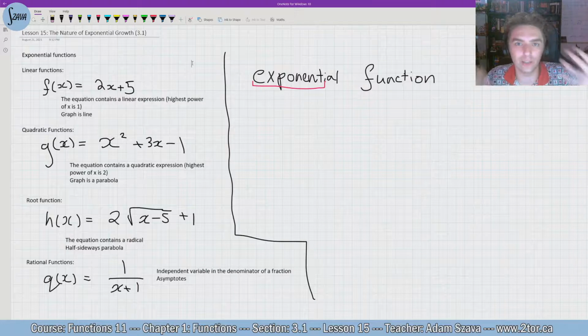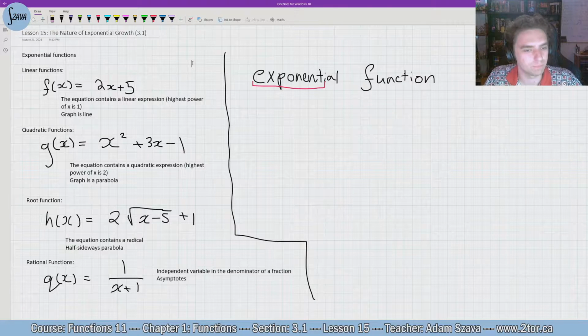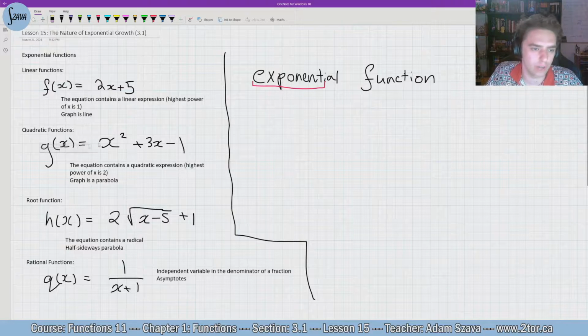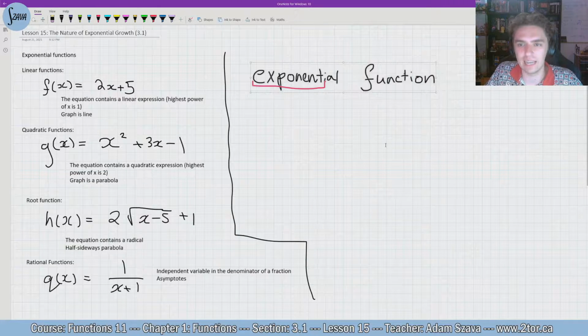You look at data, you compare data, and all these different behaviors might pop out from the data. Linear, quadratic, root, which is not really the technical name for that, but rational. And then exponential is another really big one. A lot of things in nature happen in an exponential way, and that's why we spent a whole unit talking about it, because it's the most related to nature.